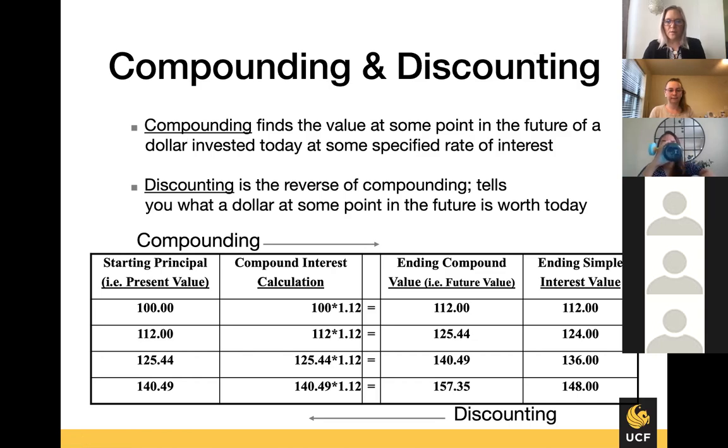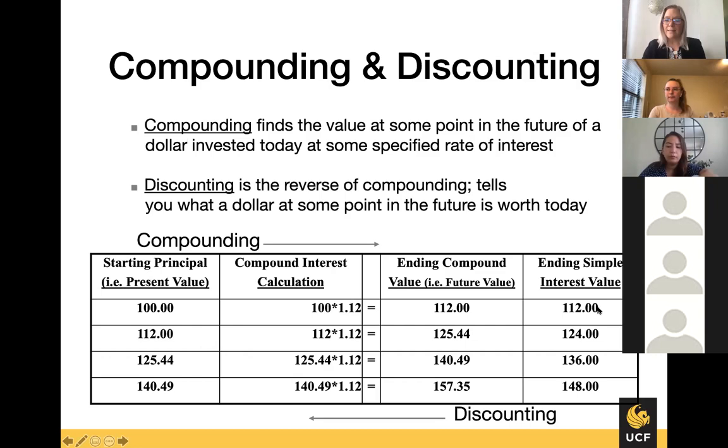And if we were to apply a 12% interest rate to that investment, we can see that $100 times 1.12, which is the same as multiplying $100 times 12%, gives us $12.